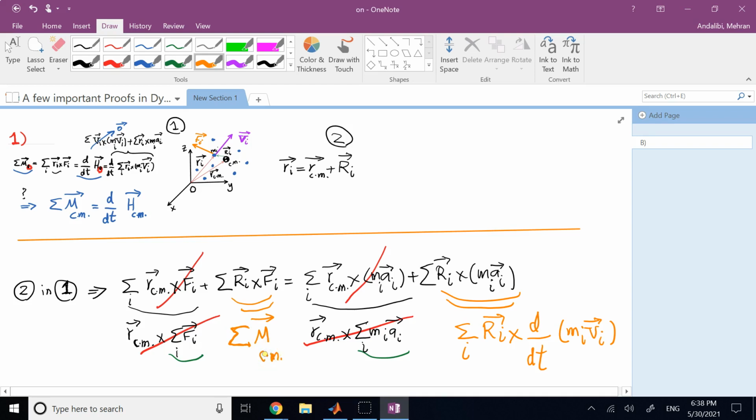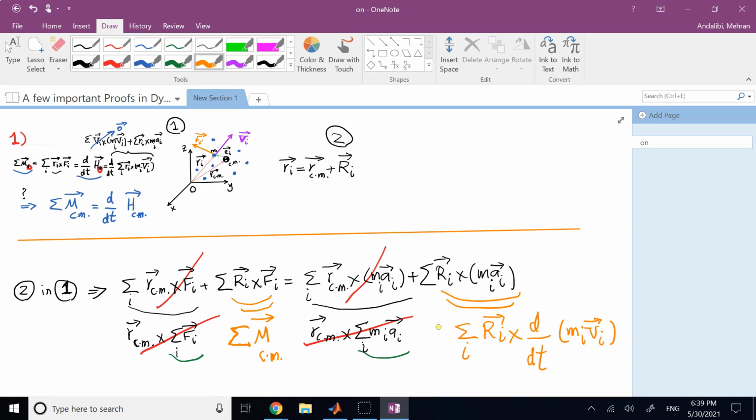Good. Now, what is this term on the right hand side? So here I am doing the cross product of Ri times the angular momentum of these particles, okay? And first thing first is, can I take this d/dt out of that summation?